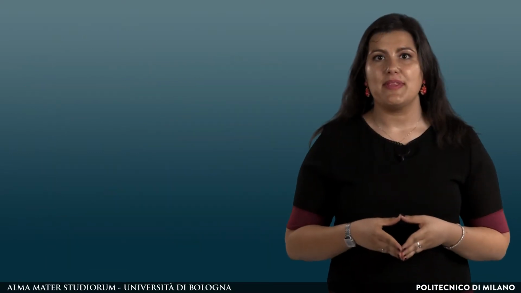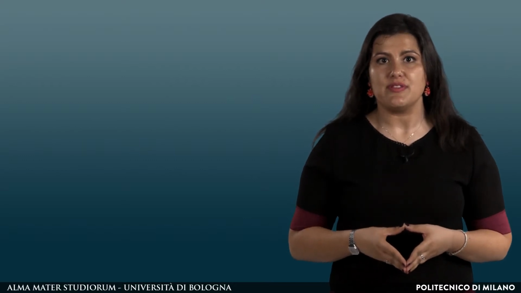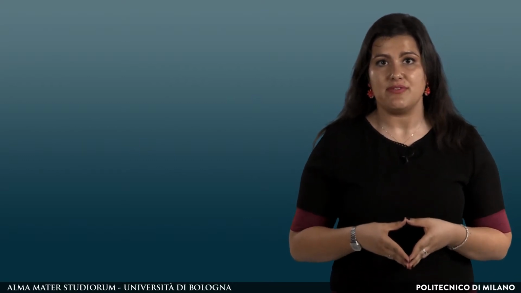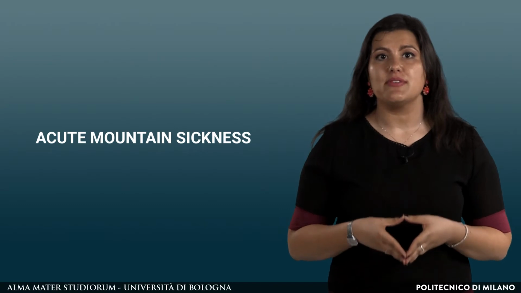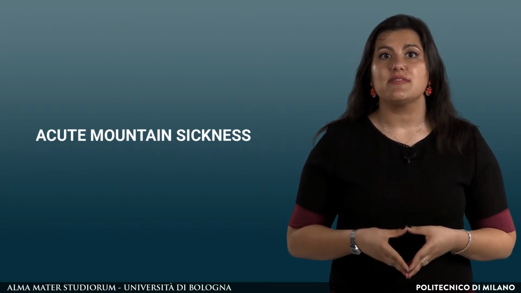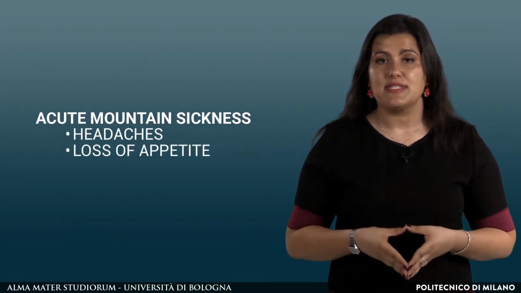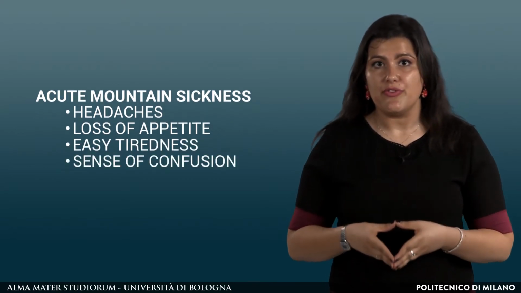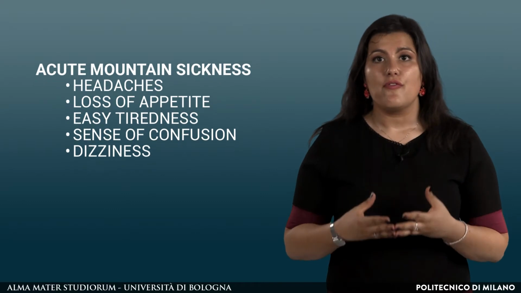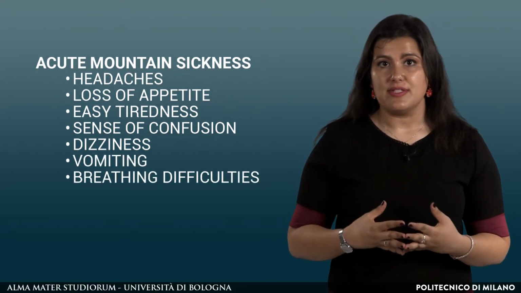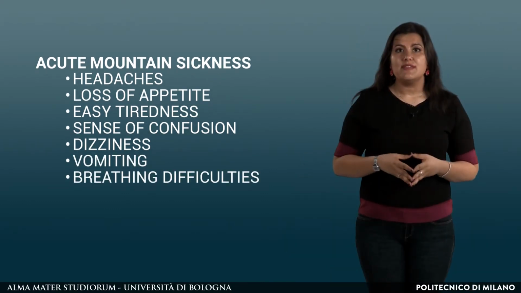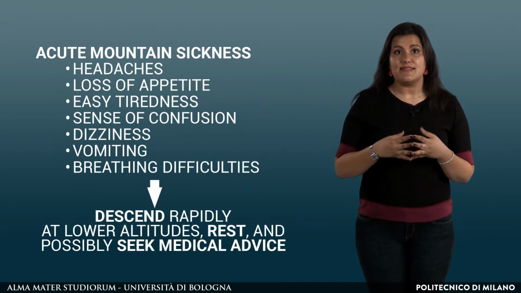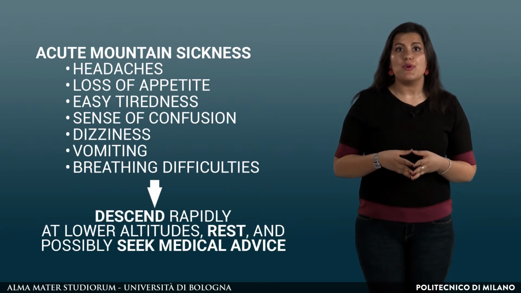Hikers who undertake rapid ascents exceeding large differences in height above 3,000 meters may incur acute mountain sickness, which is manifested by headaches, loss of appetite, easy tiredness that might be aggravated by a sense of confusion, dizziness, vomiting, and breathing difficulties. When facing these symptoms, it is essential to descend rapidly to lower altitudes, rest, and possibly seek medical advice.